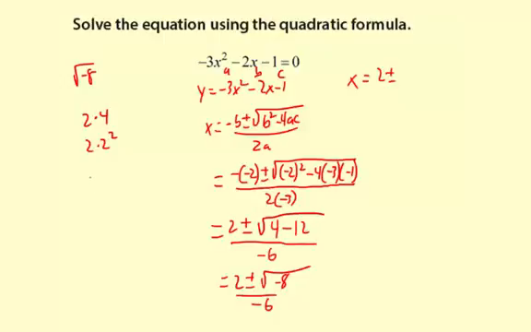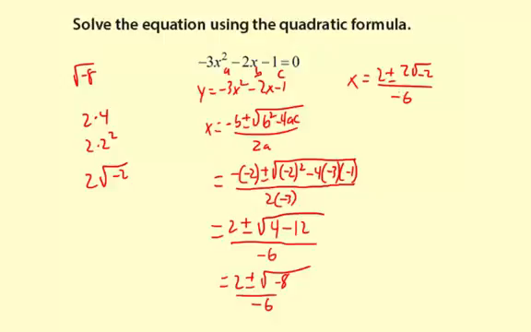So this is going to be 2 square root of negative 2. Remember the negative 8, you have to keep that negative inside the radical, but I was able to pull out a 4. So it's going to be 2 square root of negative 2 all over negative 6.